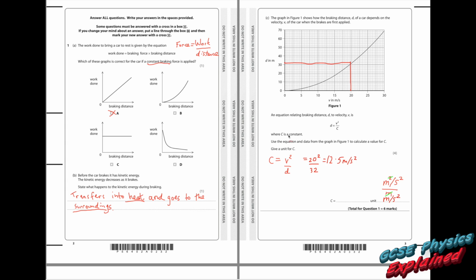To prove that these are a constant, if we were to pick some other values, we can see that d is 8 and v is 10. If we were to pop those in, that also comes out as 12.5. We've also proven that c is a constant. I don't think this particular question asked for that, but just in case it did, that's how you do that.